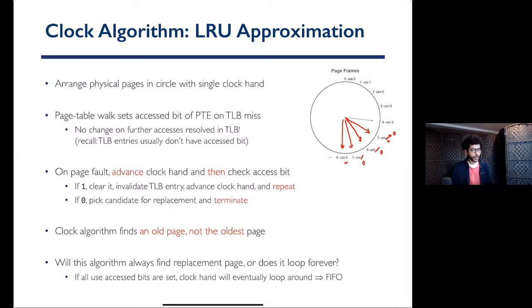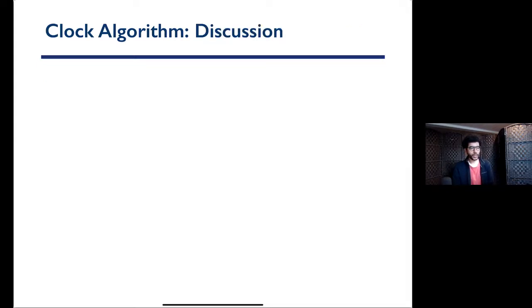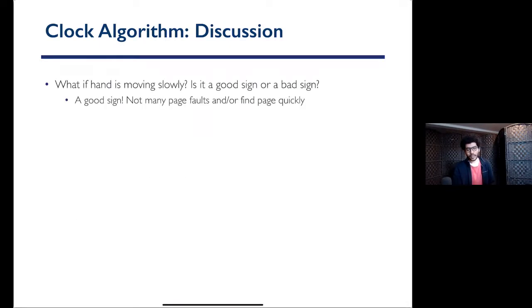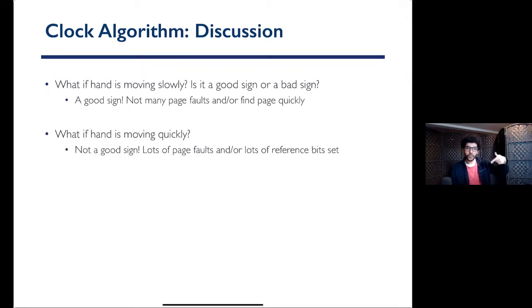Now, let's talk about this clock algorithm that we've seen. Let's say I'm looking at the clock hand over a period of time, and I'm interested to see how fast it's moving. If it's moving too fast, it means that I'm having a lot of page faults, because on each page fault, I'm going to move the clock hand at least once.